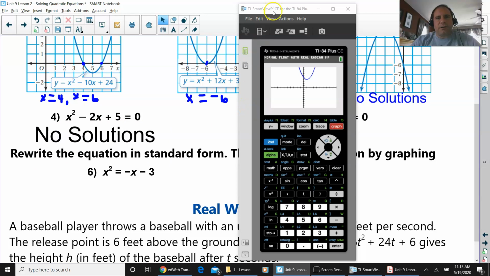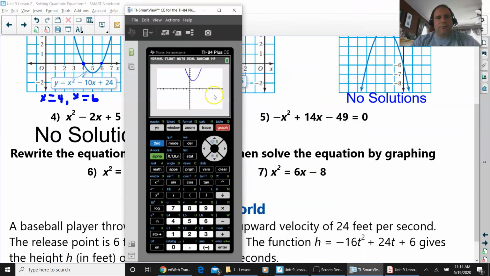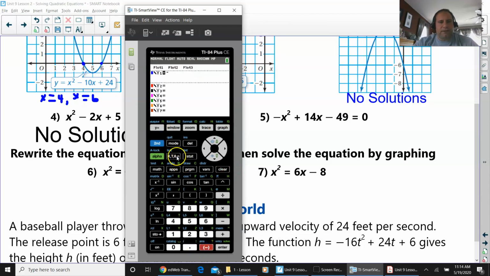And the next one right here, we will go ahead and graph. Hopefully you did that already, but it's -x squared plus 14x minus 49. And we could press graph right there.